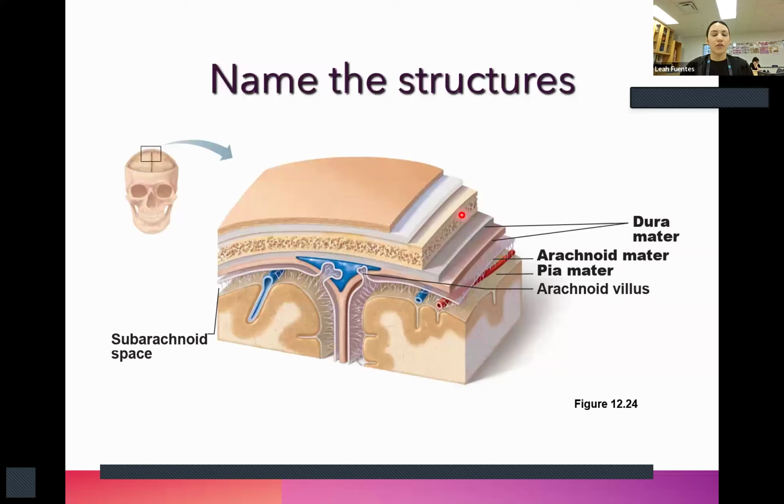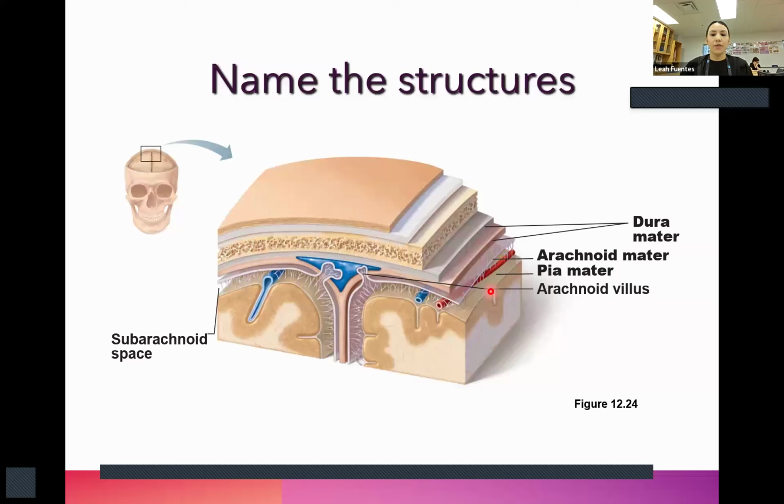So right underneath our skull, we have our first layer of protection. That's our dura mater. So again, any impacts that's occurring on your skull, right underneath that is the dura mater. It does have 2 layers, but specifically we're just looking for dura mater. Right underneath that, we have our arachnoid mater.